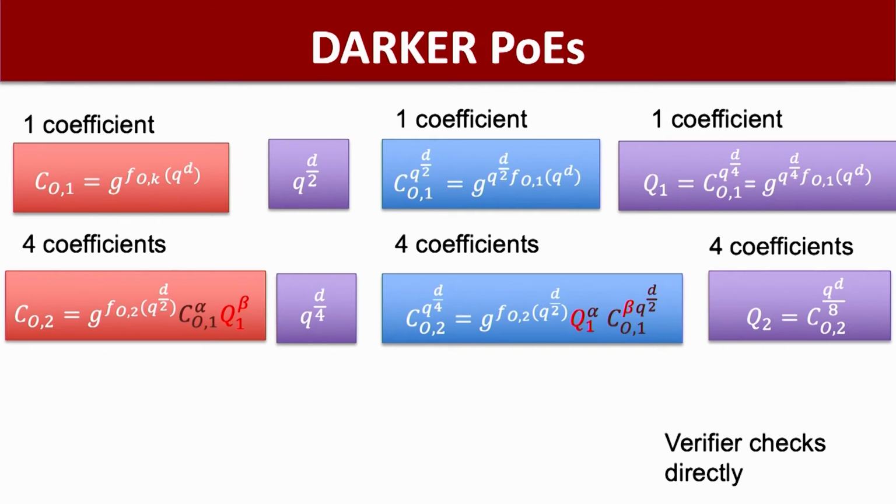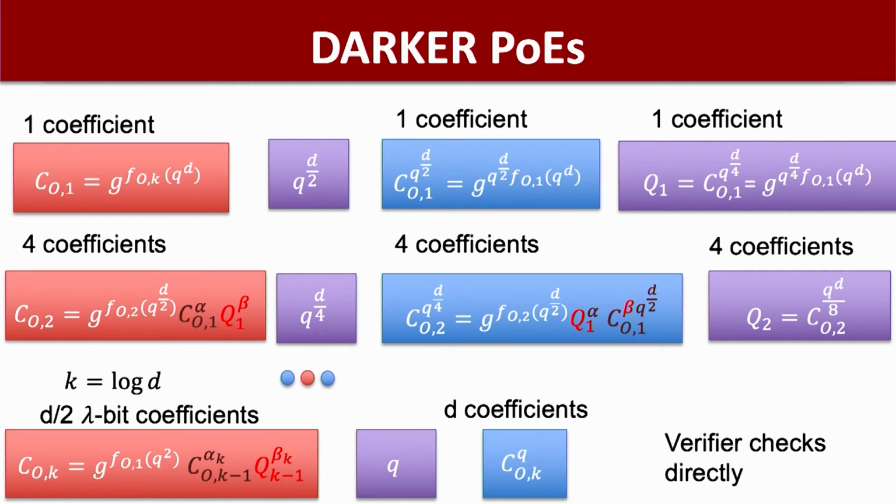Well, in the first round, these polynomials might have a very large degree, but they're super sparse. They actually just have one coefficient. In the second round, the same thing: the degree is huge, but the sparsity is low. And there's this trade-off where the lower we go, the degree gets smaller, but the sparsity shrinks.